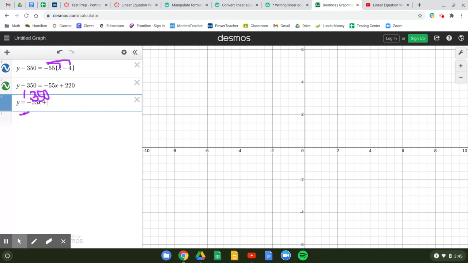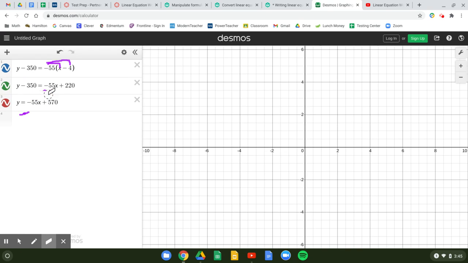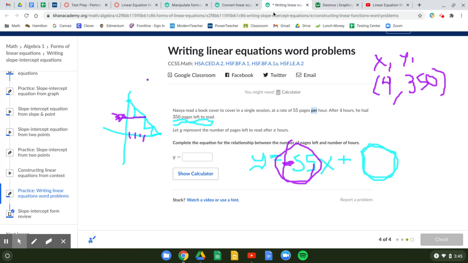No, 570. Just to make sure I can do math, 350 plus 220 is 570. So that's where that 570 is coming from. Grab that eraser, get rid of this junk because it is annoying. And that's my final equation right there. Negative 55x plus 570.